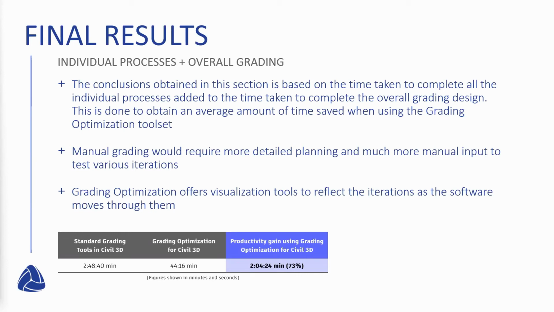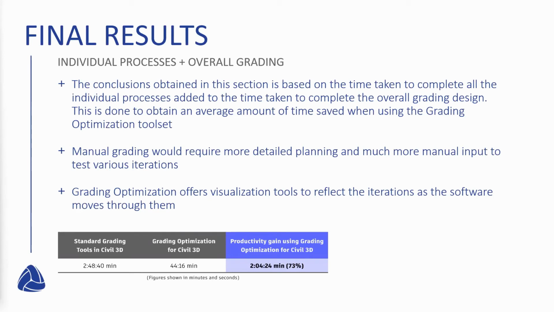That is even greater than what we've seen before. So that is a productivity gain of 2 hours, 4 minutes, 24 seconds. That is an average of 73% over these types of processes. And guys, this is not a reflection to say that this is what it's going to take you.